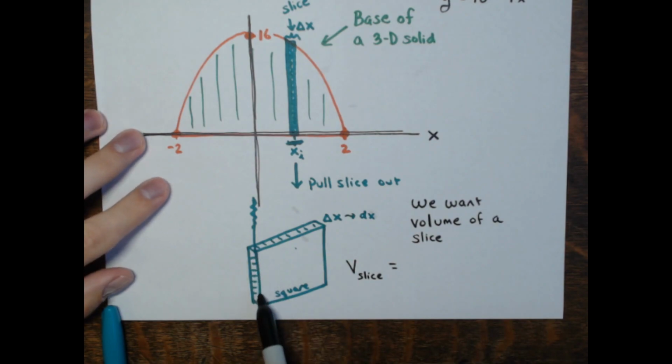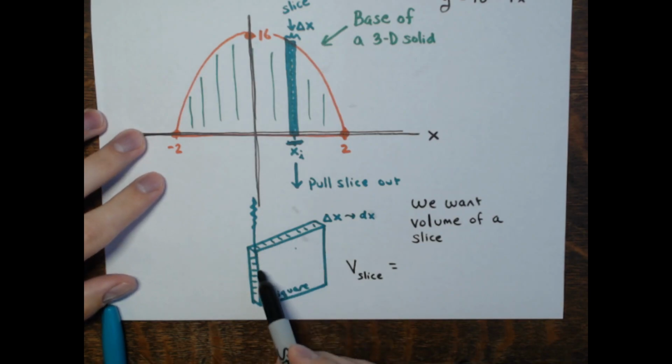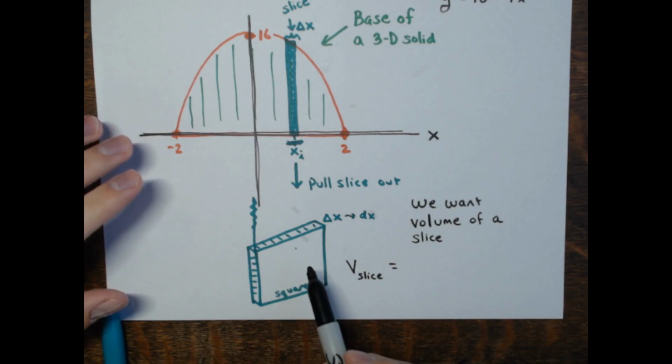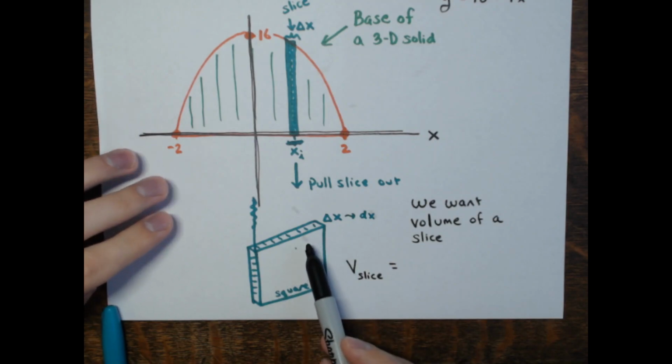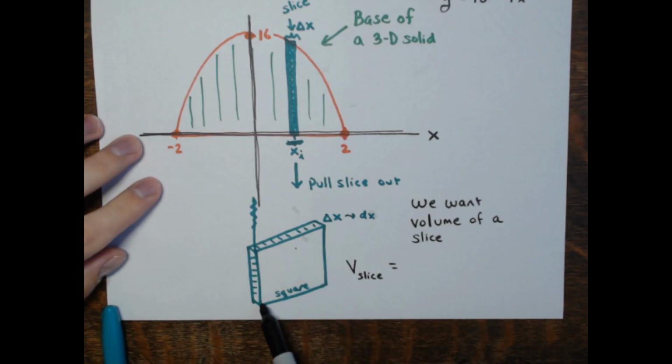Well, it's simply a square base, right? You have a square and then another square, connected by these little thin walls. This is actually a rectangular prism or a square prism. So remember, the volume of a prism is the area of the base times the thickness, times the height. So I need the area of this square.